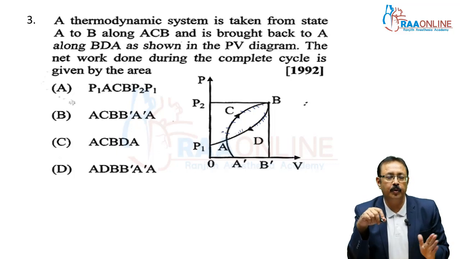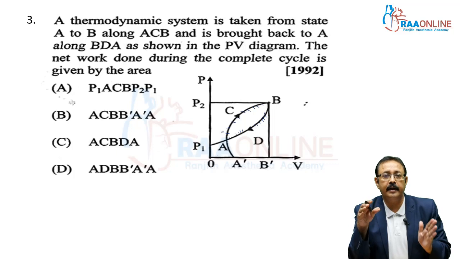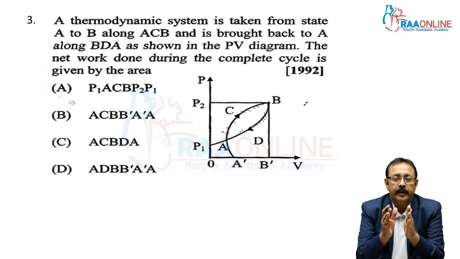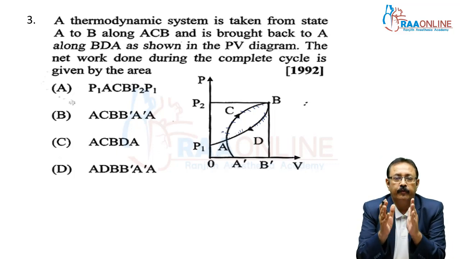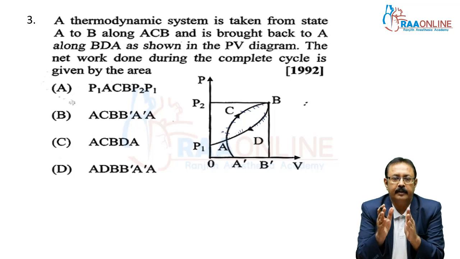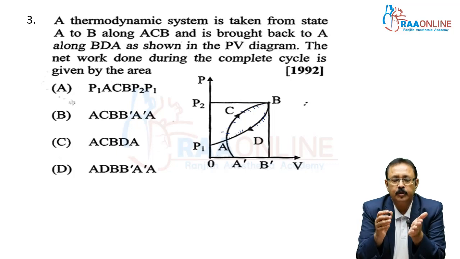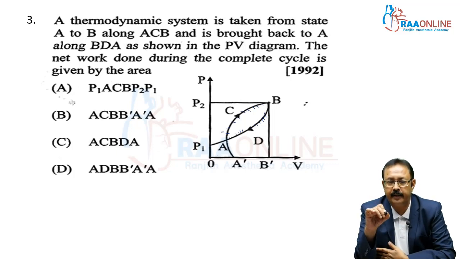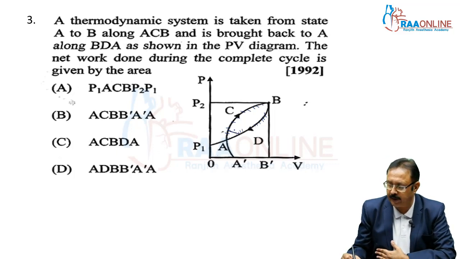I told you in theory sheets that if there is a closed loop, the area under the loop will define the work done. Since it is a closed loop, the area enclosed between A, C, B, D, A should be the work done.